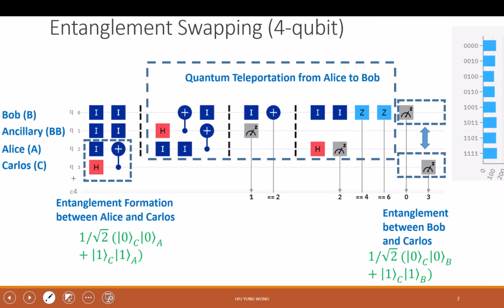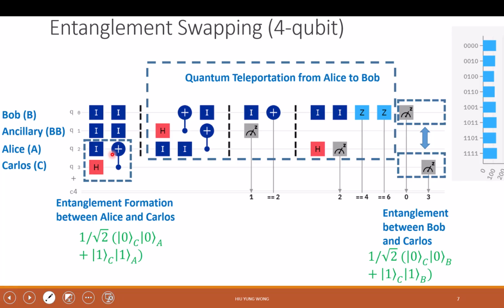Okay. Then before we finish, I want to talk about another thing called entanglement swapping. So now we know that we have quantum teleportation from Alex to Bob through this quantum teleportation circuit. Now if I have an entanglement with another qubit, and I quantum teleport Alex's qubit to Bob's qubit, what will happen to the entanglement?